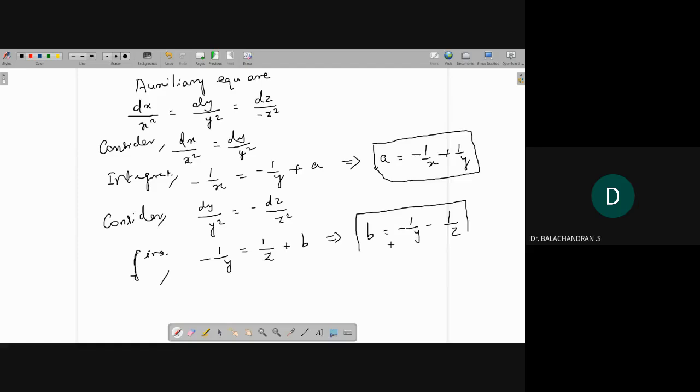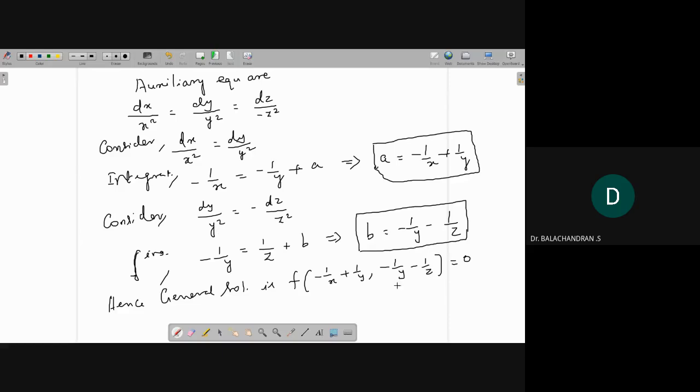Hence the general solution is F of u comma v equal to 0. Here u is minus 1 by x plus 1 by y, and v is minus 1 by y minus 1 by z, equal to 0.